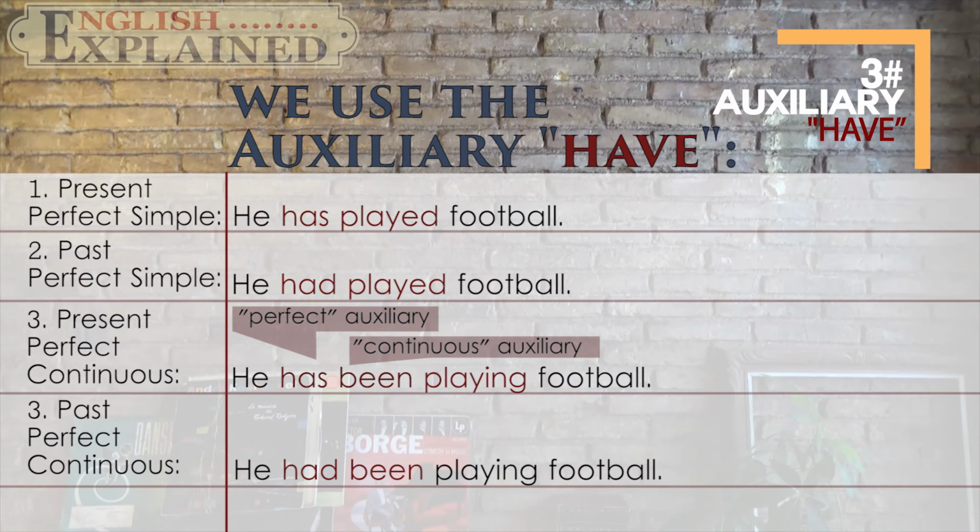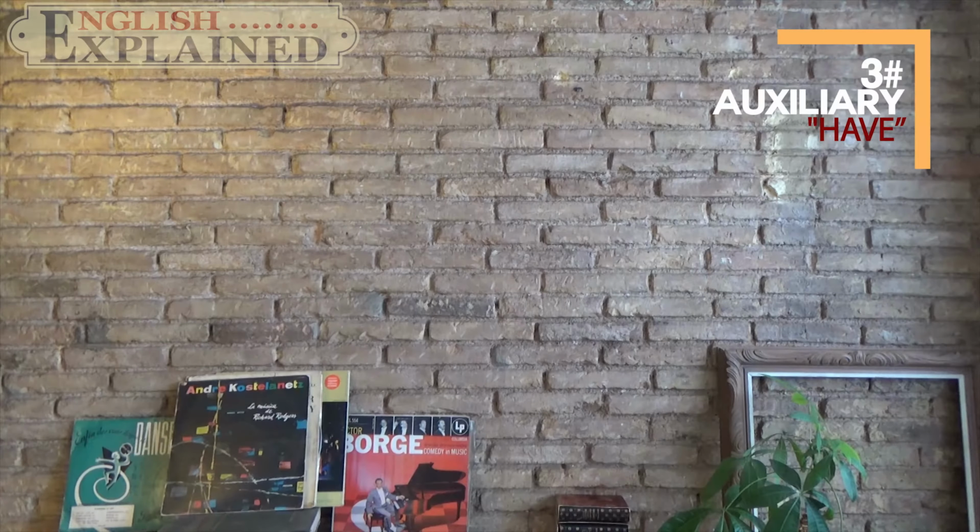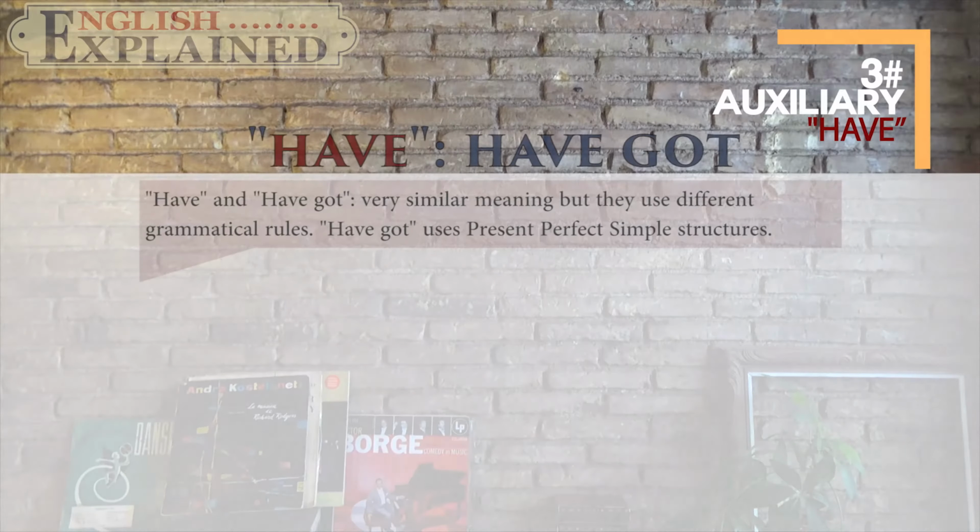Once again, two auxiliaries. There is also another form that we use in English to express a present possession or obligation. It's usually taught at the elementary or beginner levels. In those cases, it's similar to the usage of the verb have as a main verb in terms of meaning, but it uses different grammatical rules.